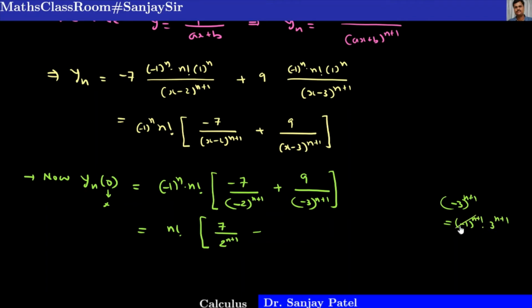So this (-1)^n will be cancelled with this (-1)^n, and what you will get is 9/3^(n+1). And that one -1 which is left here, -1 into (-1)^n, this -1 I am writing over here. So this is our value of yn(0), and that is our final answer.